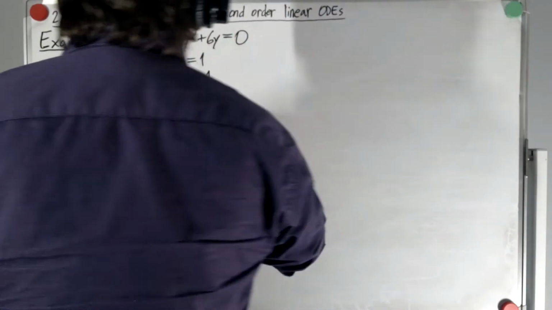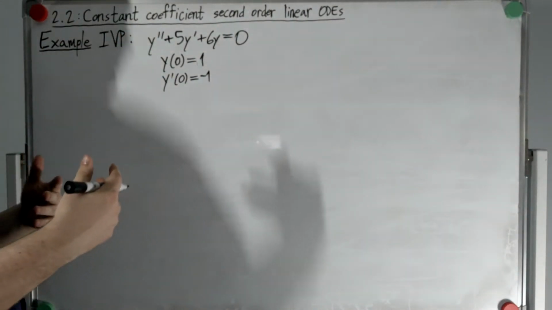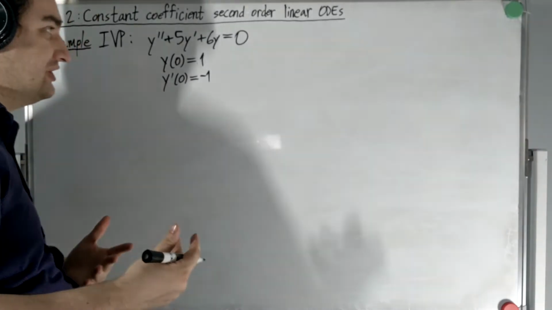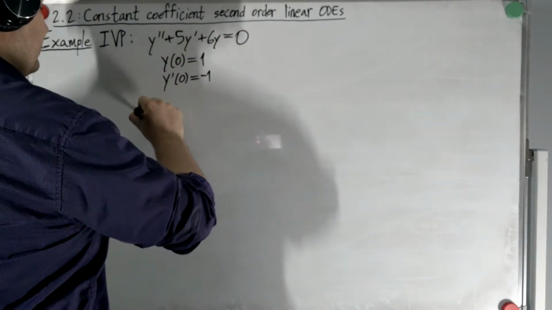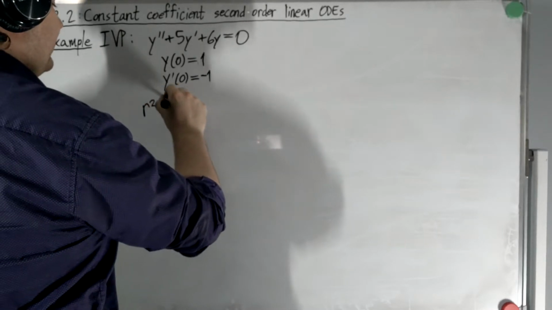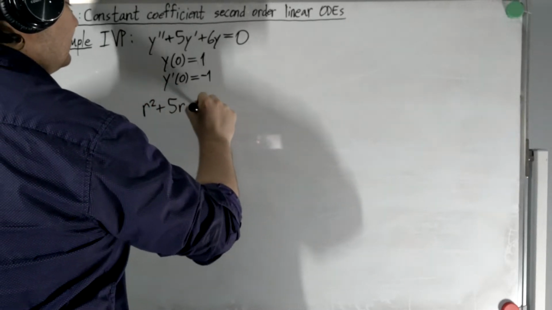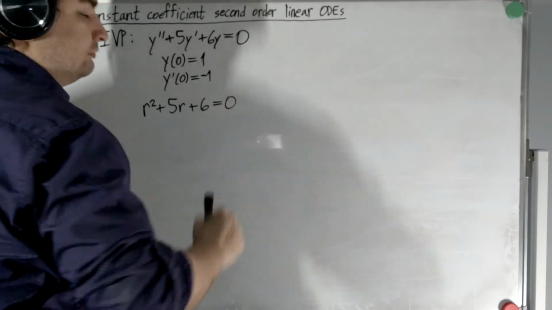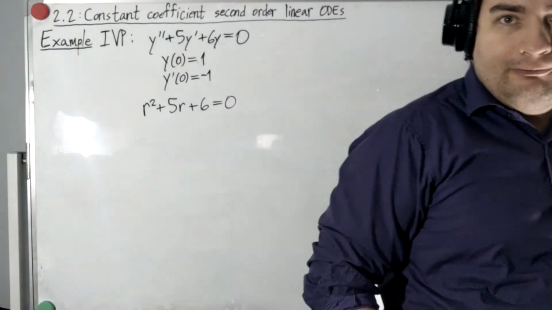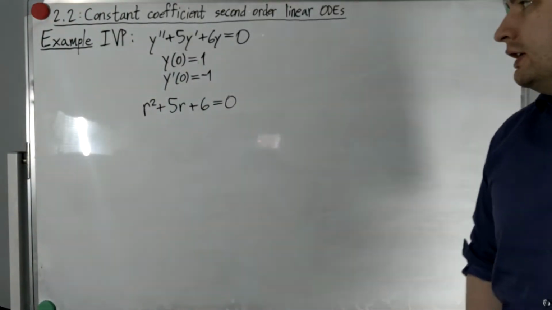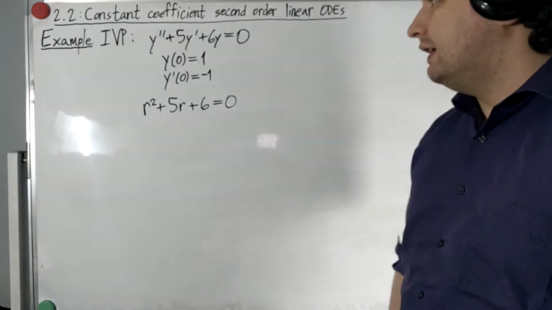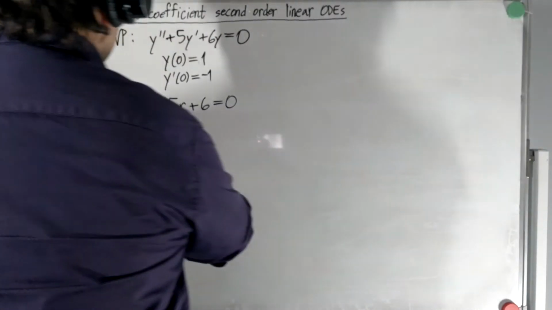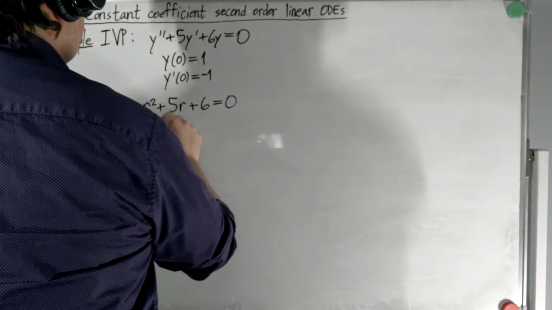So first thing that we had to do was write the characteristic equation, which in this case is just going to look like r squared plus 5r plus 6 equals 0. Right? So that can factor into (r + 2)(r + 3) = 0.